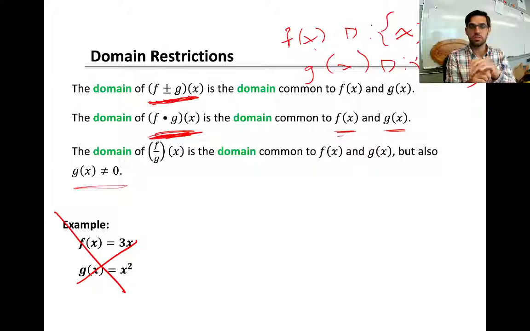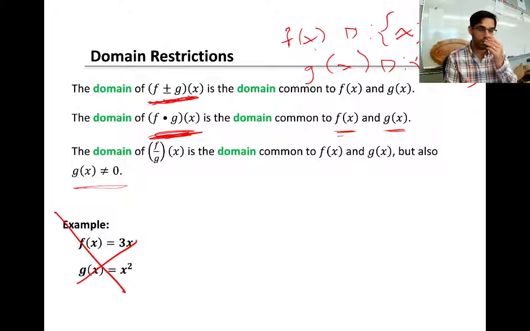Like I like to say, domain is what numbers are invited to the tea party. Let's pretend that only positive numbers are invited to f's tea party, but for g of x, only even numbers are invited. So when I add, subtract, or multiply f and g, the only numbers in the domain are the positive and even numbers.